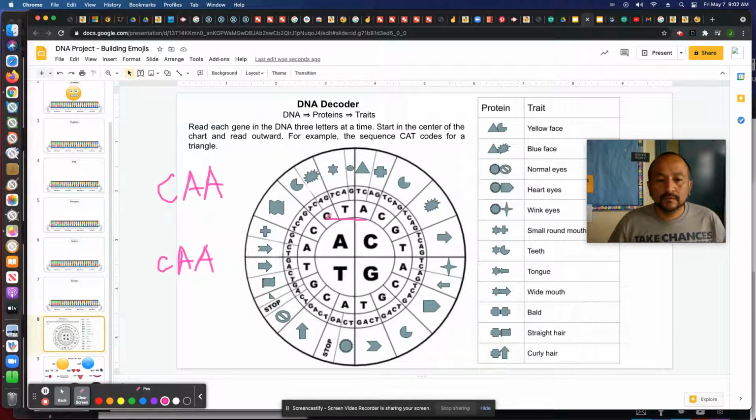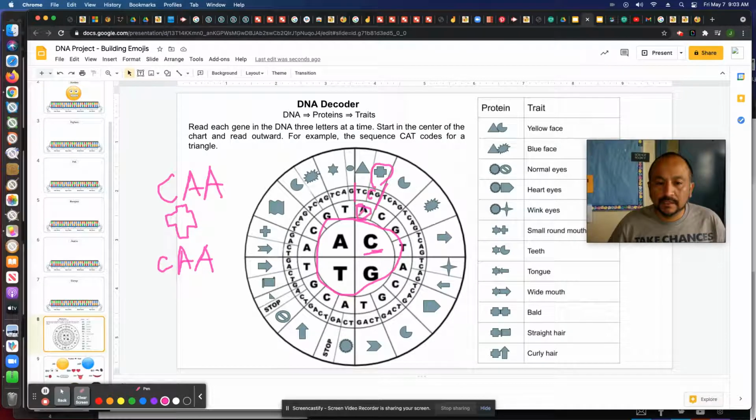Let's look for, we're going to go inward, then outward. C. Looking for A, there's the A, and we're looking for A here only. And there it is. And we have this cross, right? Didn't draw it very well. And do we have to locate CAA again?